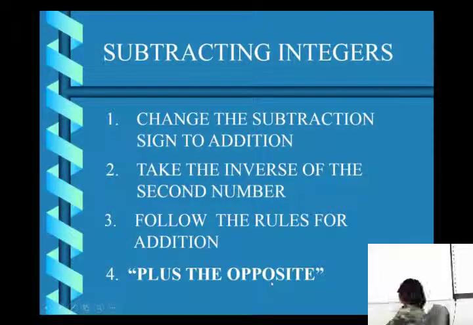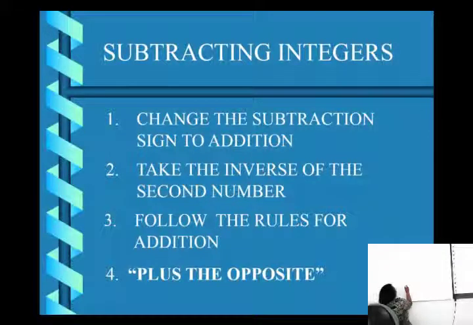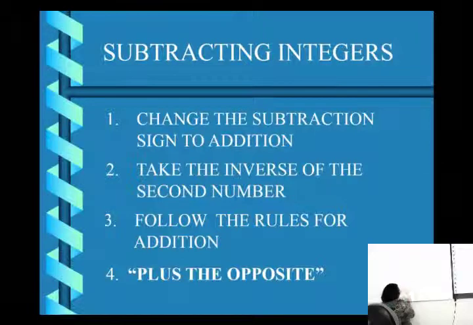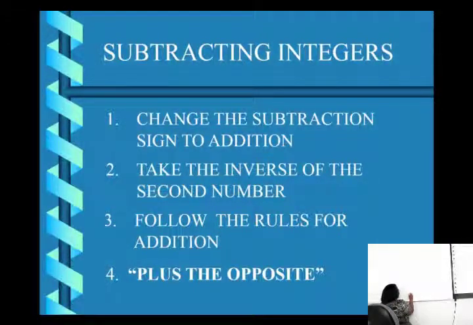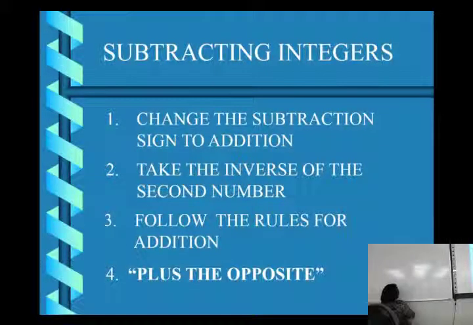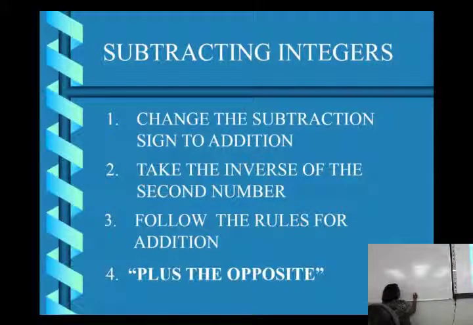So, for instance, if I have 7 minus 3, this is the same as 7 plus, what kind of sign is on 3? It's a positive 3. So what's the opposite of positive 3? Negative 3.